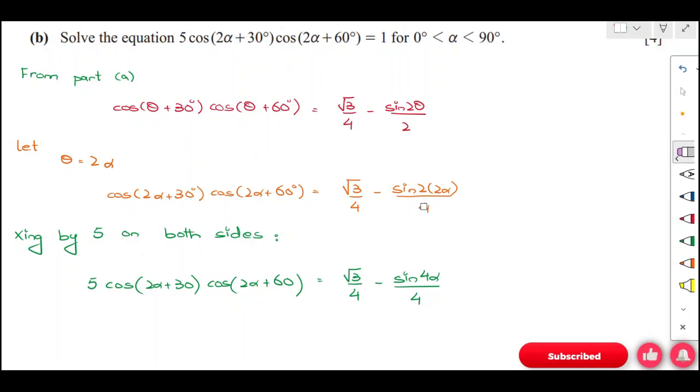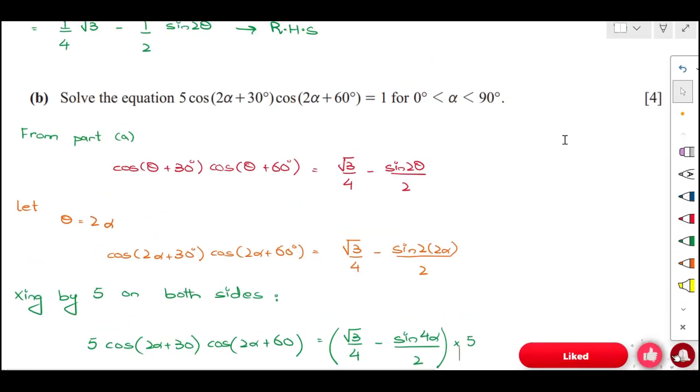Sorry, this is by 2 and the orange one, this is by 2. Okay, we have to multiply this side by 5 and multiply this side by 5 as well. So here we can say this whole thing is with 5.